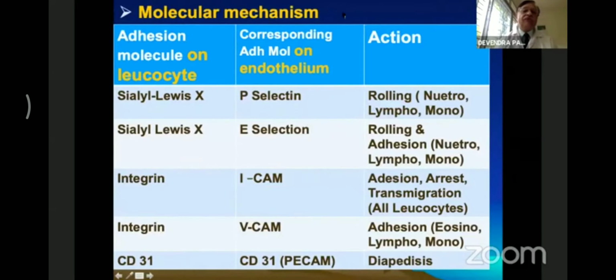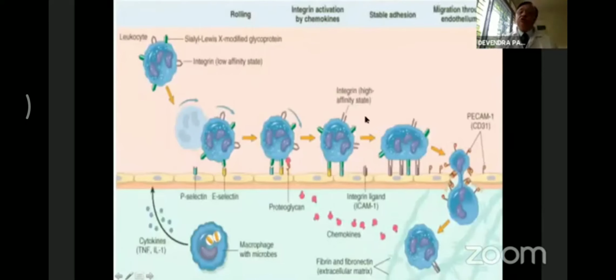Okay, and the corresponding molecules present on the endothelium: P-selectin, sialyl Lewis X in combination with P-selectin gives transient adhesion, rolling; combination with E-selectin, rolling and adhesion; combination with ICAM and VCAM, firm adhesion. Ultimately, combination of CD31 with PECAM, which is present on the endothelium, will give rise to the flipping over or the diapedesis.